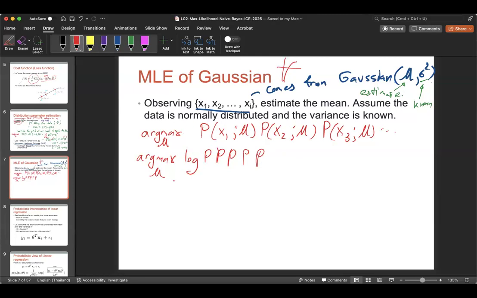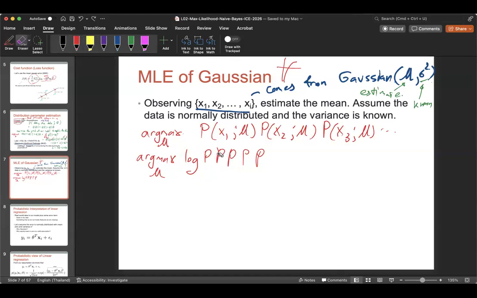So if you want to find the argmax, it doesn't change the argmax. The max will change, but the argmax, the location of the maximum, is the same. When you include the log, the location of the maximum is the same, but the value of the maximum is different.